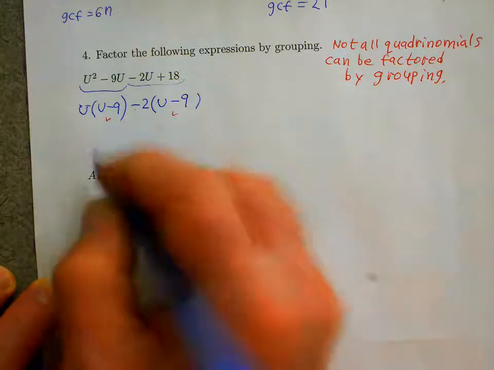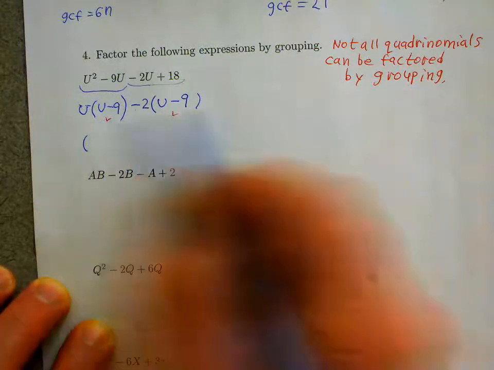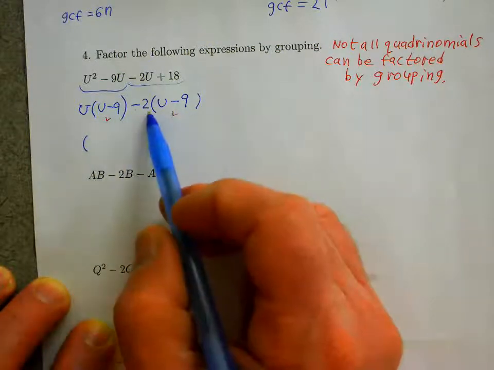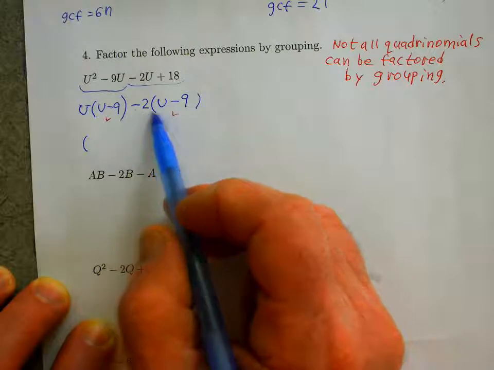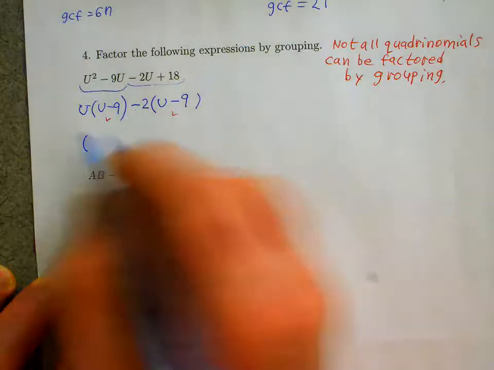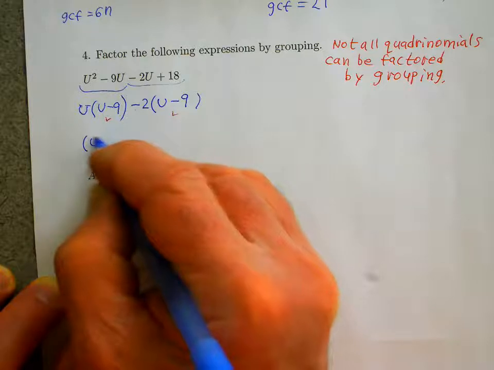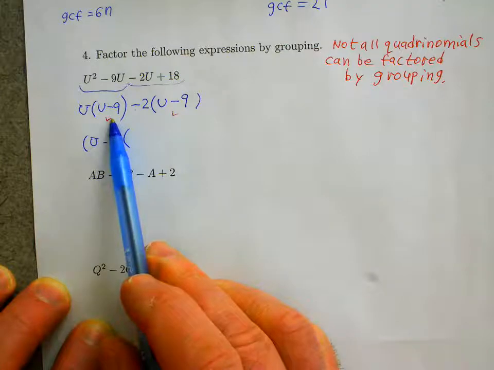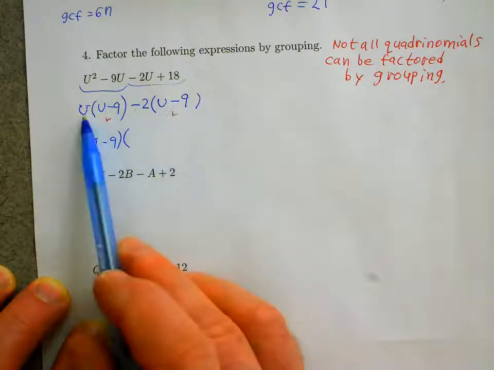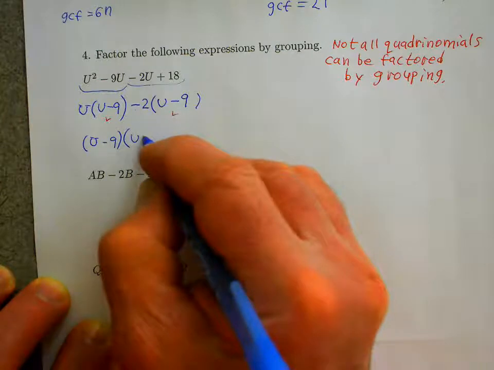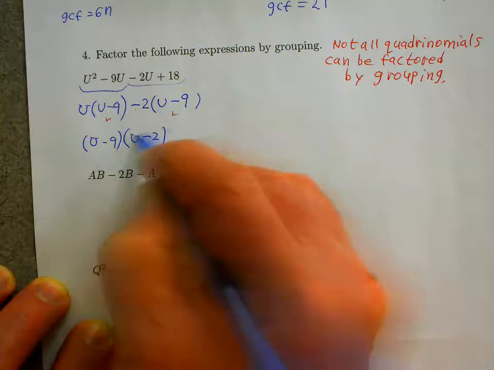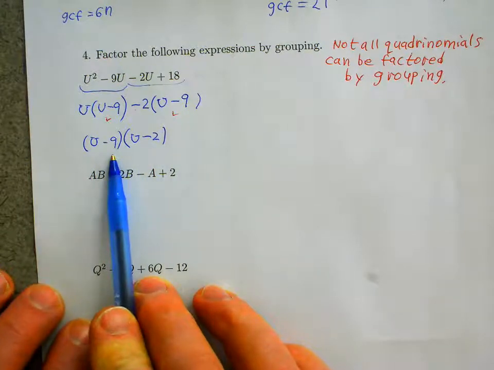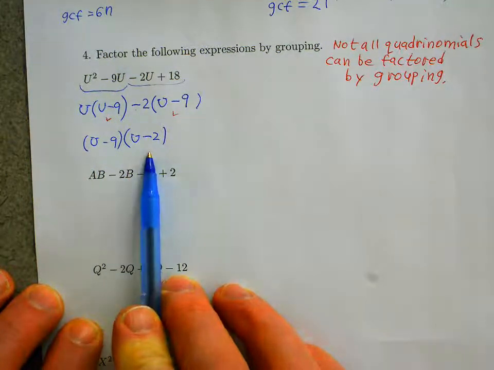So now we are in effect factoring the greatest common factor out of u times u minus 9 and 2 minus u times u minus 9. The greatest common factor is u minus 9. And then when we factor u minus 9 out, we're left with u minus 2. Okay, so that's the complete factorization, u minus 9 times u minus 2. So we're done.